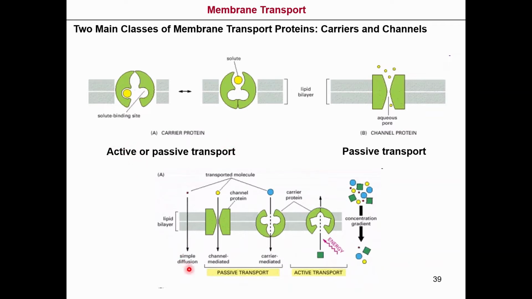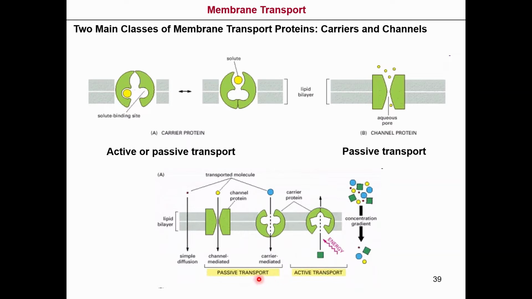For active transport, you need an external source of energy. We will see that it can be the hydrolysis of ATP, but also another kind of energy.